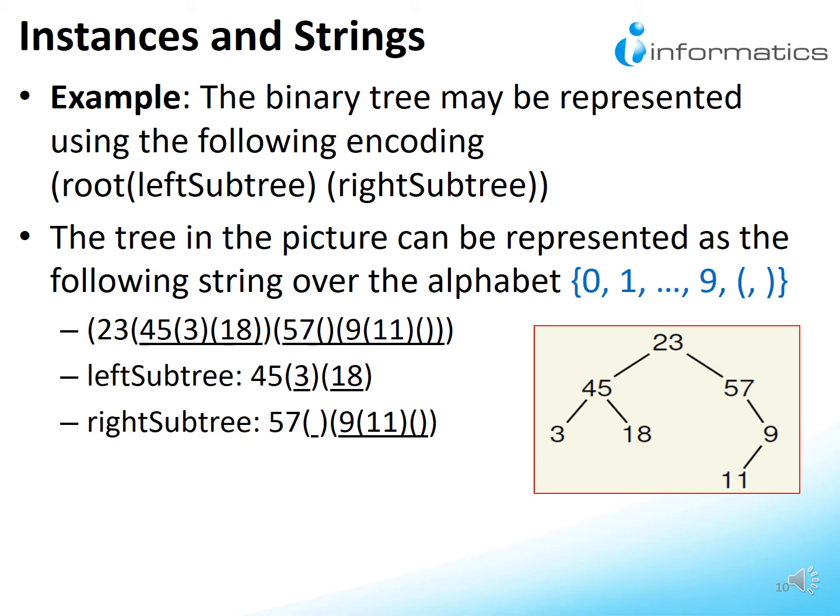So using this encoding scheme, this binary tree can be encoded as root 23, left subtree, right subtree. And the left subtree is rooted at 45, with left subtree 3 and right subtree 18, and so on and so forth.